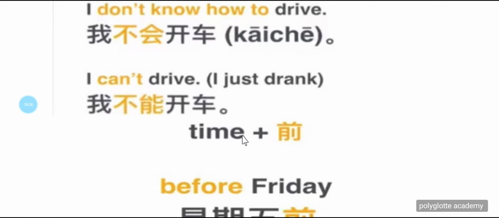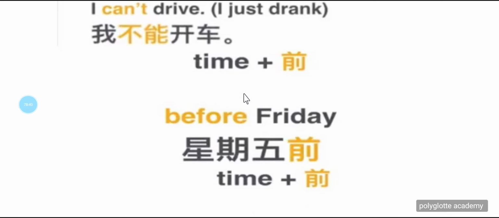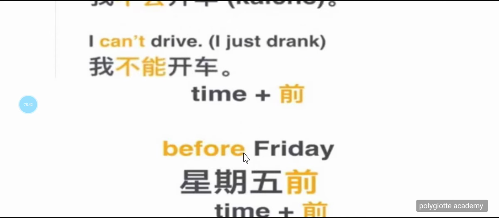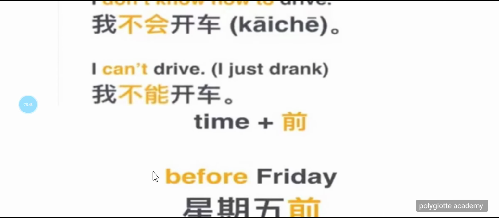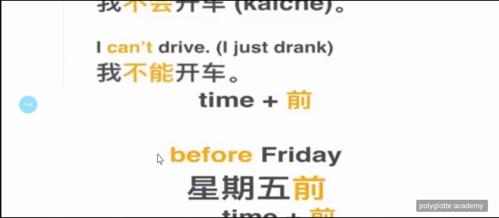So let's move on to the next sentence, because we have a lot to go. The next sentence here will be 我不能开车, that is, I can't drive.